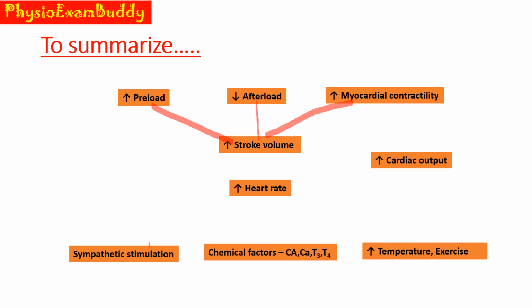Whereas sympathetic stimulation will cause increase in heart rate. Chemical factors like catecholamines, calcium, thyroid hormone also increase the heart rate. Increase in temperature as well as exercise also increase the heart rate. So increase in the stroke volume and increase in the heart rate will contribute to the increase in the cardiac output.